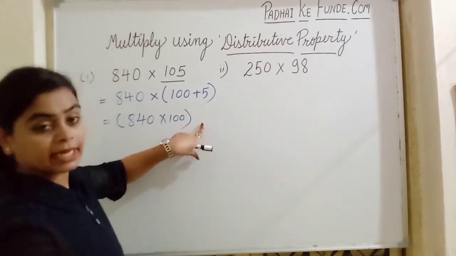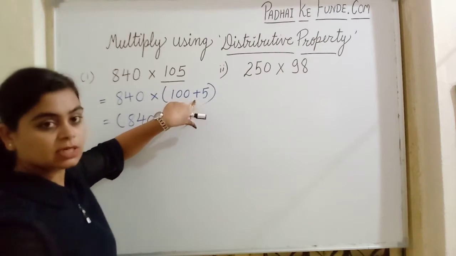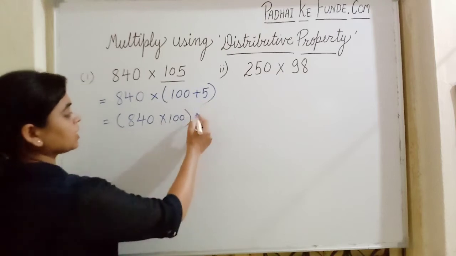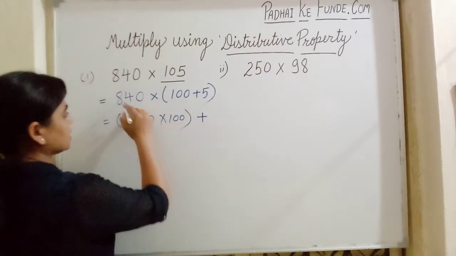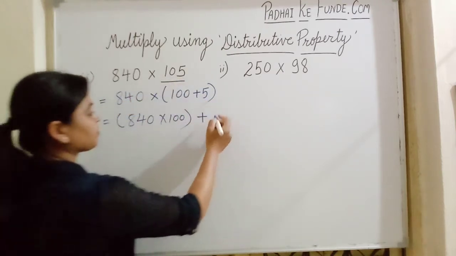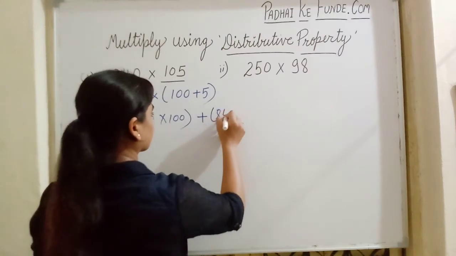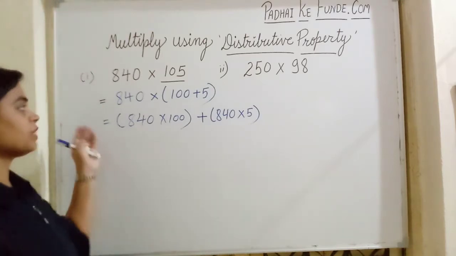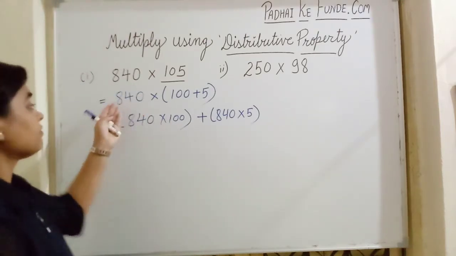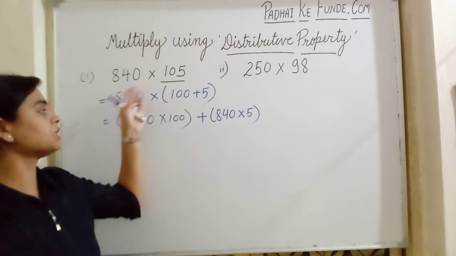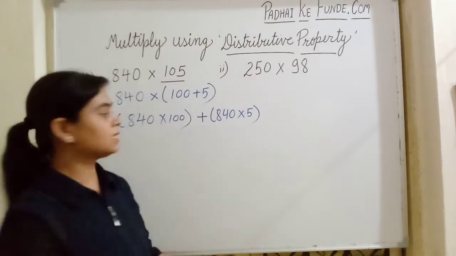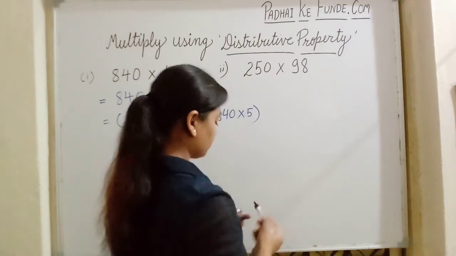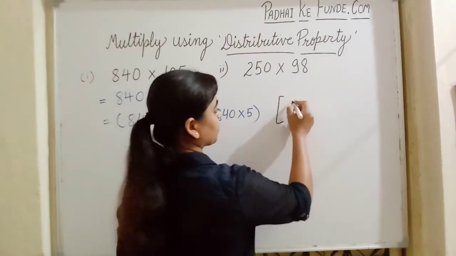Then our next sign depends on the sign after 100, because this much part we have completed and are moving further. Here we have plus, so plus. Now this 840 into 5. As we have applied the rule, we have distributed this 840 to each and every number inside the bracket. So we will mention the property used here as distributive property.